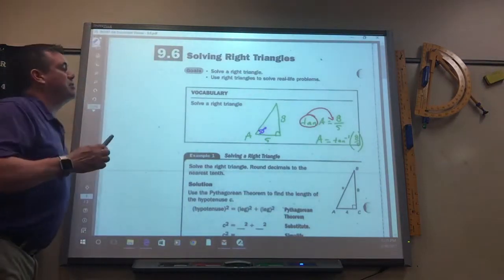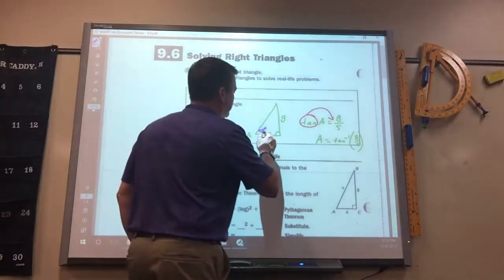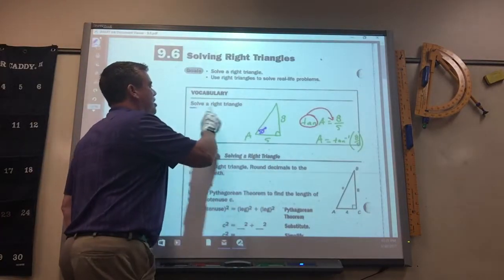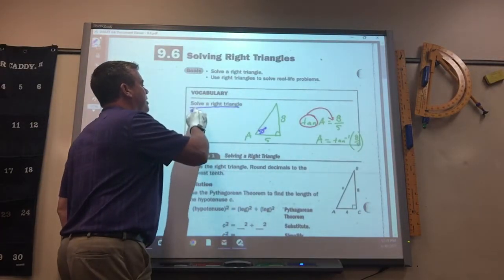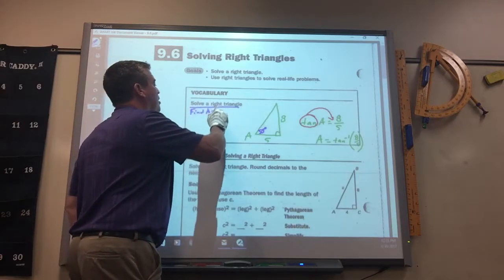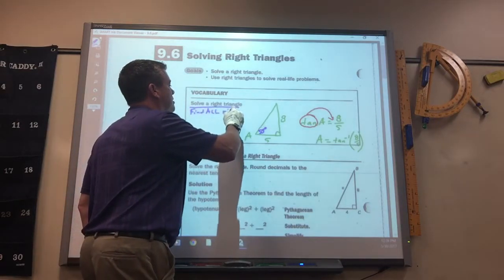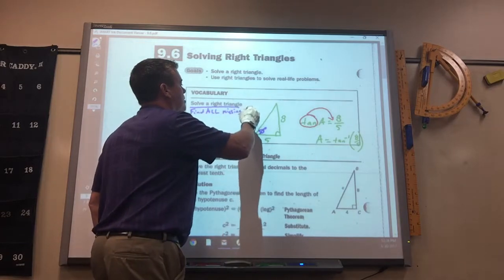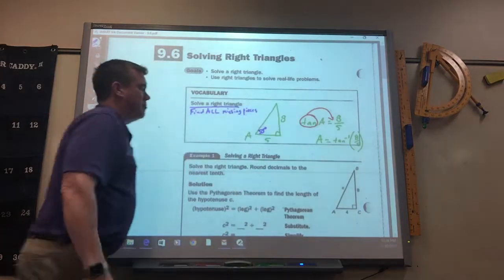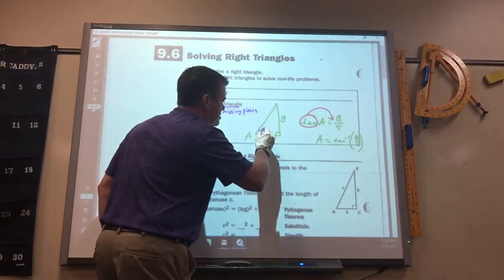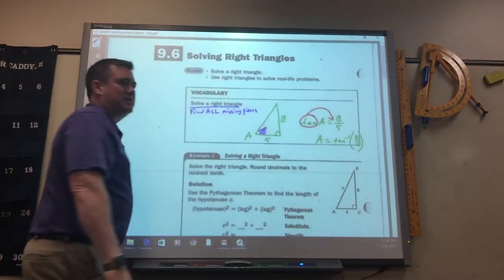Now, here's the difference. What we're doing today is when it says solve a right triangle, that means find all missing pieces. Okay? So this one is kind of hard to see. It's 58.